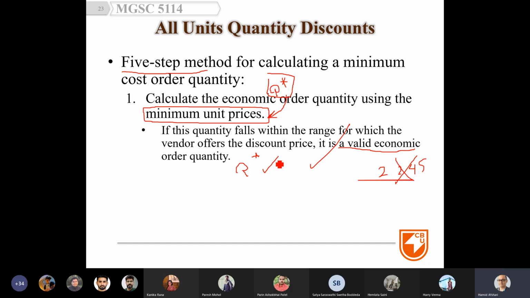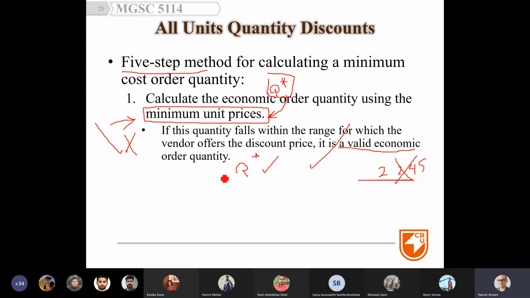But can somebody help me: how to decide if Q star is valid or not valid? How can I find it? I will discuss it later. Just keep in mind that all you need to do is to calculate Q star and check if it is valid or not valid.